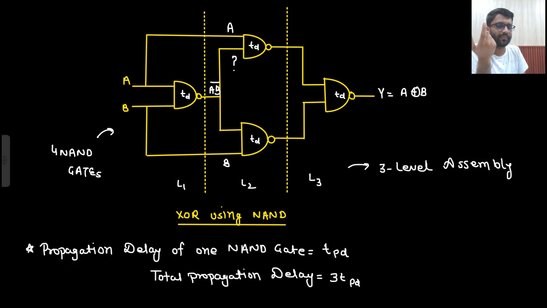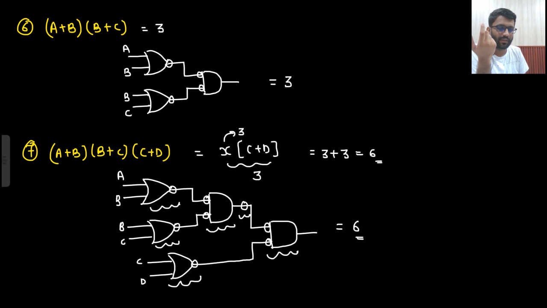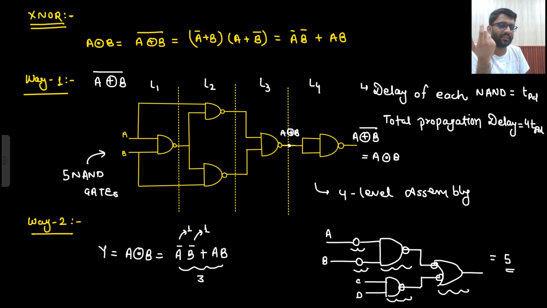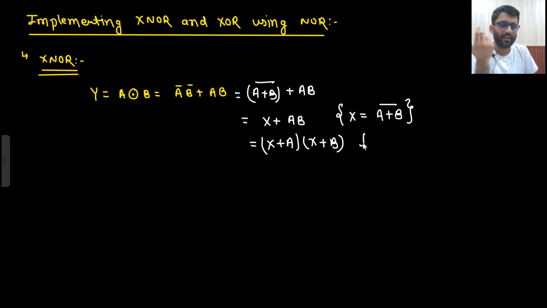By the consensus theorem. Here I taught this theorem, no? Here only. X plus AB, so X plus A into X plus B. Right? Here I am writing X plus AB, or I can write P plus QR. P plus QR is equal to P plus Q into P plus R.